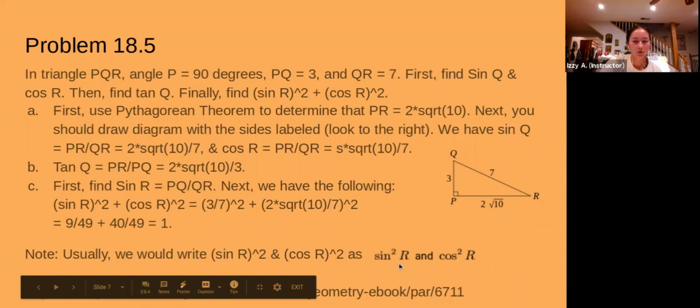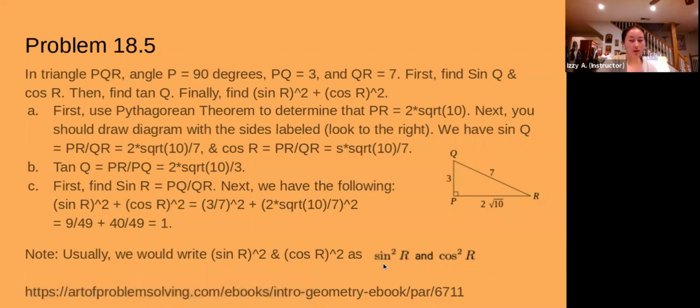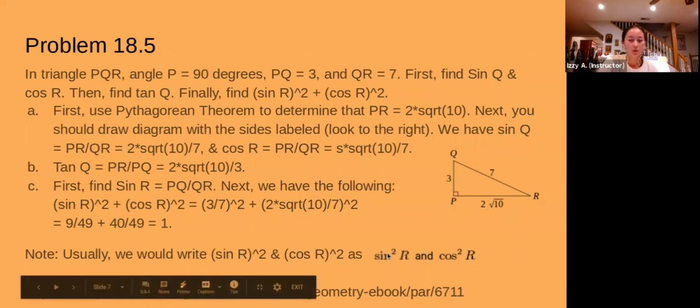Yeah, as a side note, when you're squaring these ratios, you would put the 2, or if you're cubing them, you put the 3. Basically, you put the power in between the word sine, cosine, or the abbreviation of the ratio, and then what would follow it would be the angle measurement.